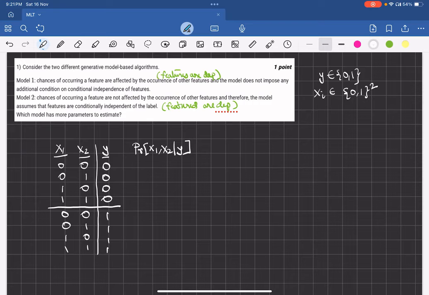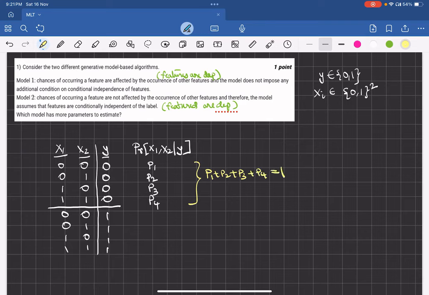Suppose we want to estimate these probabilities. Let me call them P1, P2, P3, and P4. One thing to be noted is that these four probabilities will always add up to 1, so P1 plus P2 plus P3 plus P4 will always be equal to 1. Why?